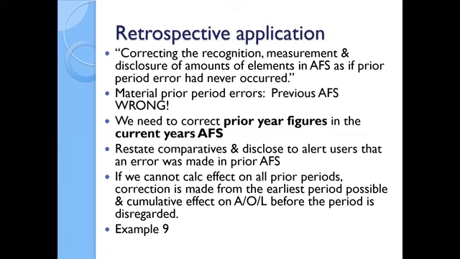And then we moved on to example 11, and we went through the disclosure in example 11. Example 9 and 11 are the same example. So example 9 has the journal entry and workings, and example 11 has the notes, the statement of financial position, and the statement of changes in equity.